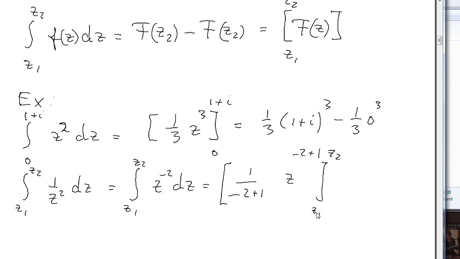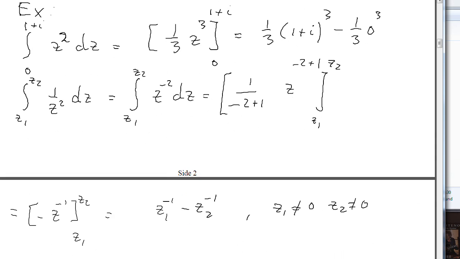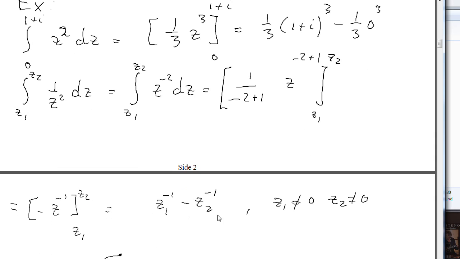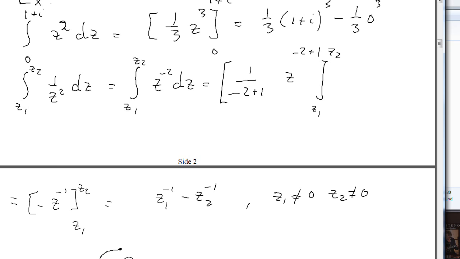We find that this integral can be written as the difference between z1 to the power of minus 1 minus z2 to the power of minus 1. So z1 and z2 should be different from 0, otherwise we get infinity here, and this is not good.